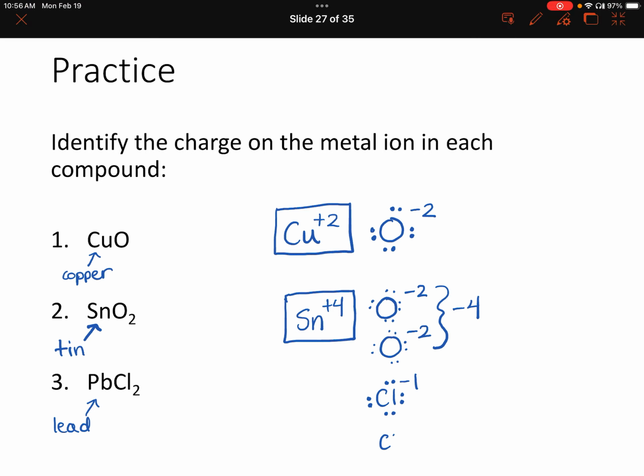Oh, whoops, my pen decided to stop working. Let's see if I can get it to work here. There we go. All right, so we have a total of -2. So what is the charge on lead in order to balance that?